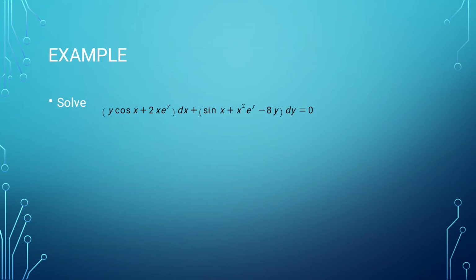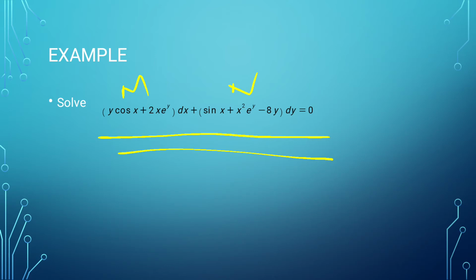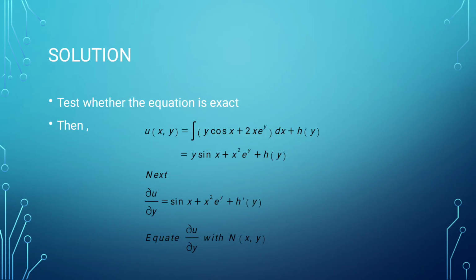So that's basically the overview of what we are doing when we are solving an exact DE. Now, let's look at an example. Solve this particular example here. It's a good one for practice. So we have this. What we need to know is this is our M, this is our N. Of course, if you have this and you are doing an exam, you have to check whether the equation is exact, and this is from our previous tutorial.